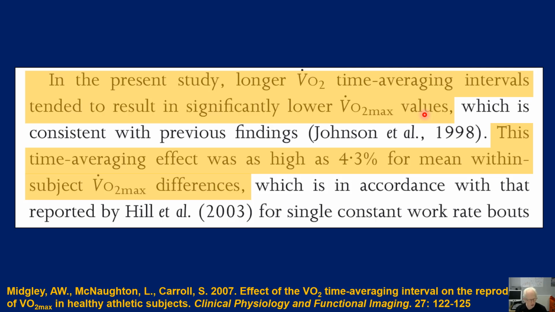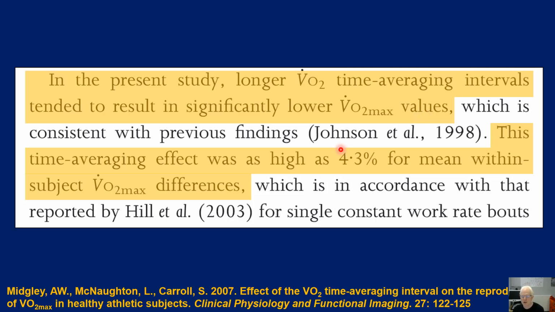So you've got a long time averaging window. Whereas if I've got loads of Douglas bags lined up, and I take a sample every 15 seconds, one into this bag, another 15 seconds into this bag, I've got shorter time averaging, I've got more to average over. So their argument is that you get lower VO2 maxes with longer VO2 averaging.